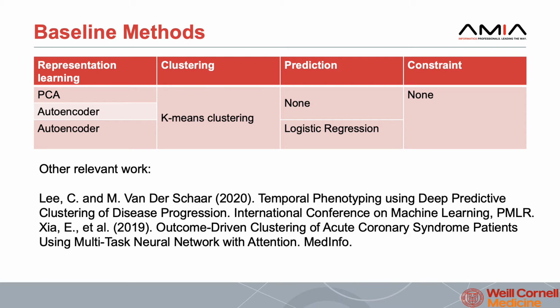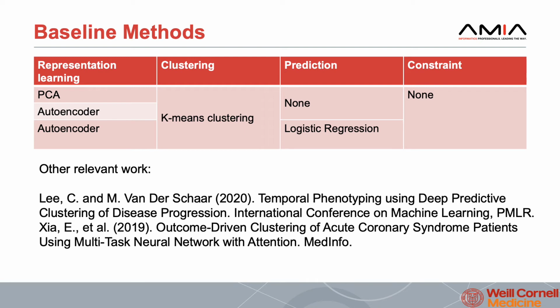And the third one trained autoencoder in conjunction with prediction using logistic regression, so that the autoencoder was informed in a way by the outcome prediction. And then the trained autoencoder was applied into k-means for clustering.